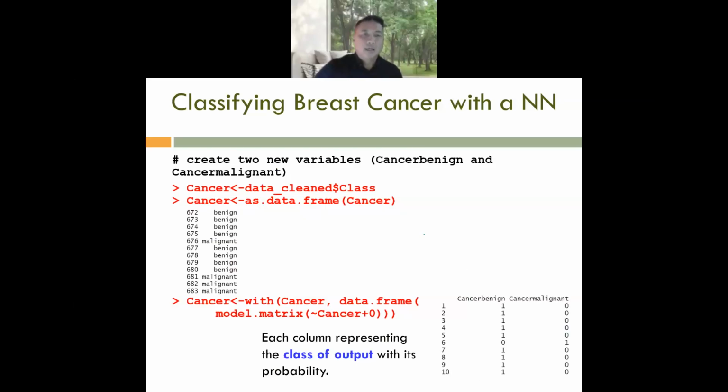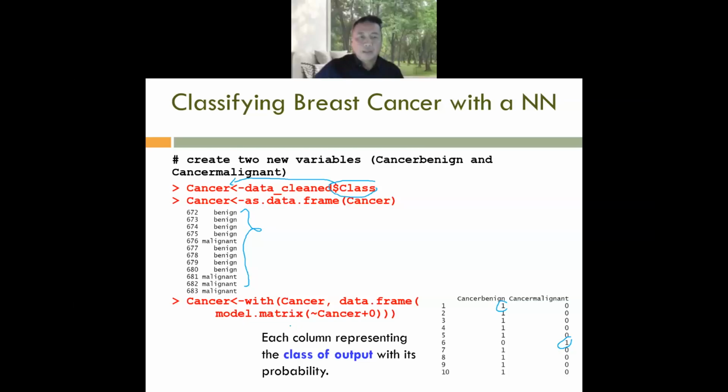If you look at the class of your data clean, we will extract that particular one and put it in here. And this is what you get. The reason why we want to have two outputs is that later on we want to know if this is one for the cancer benign or one for the cancer malignant.